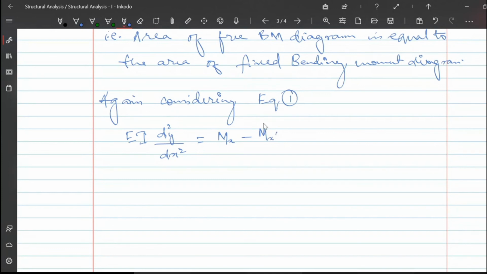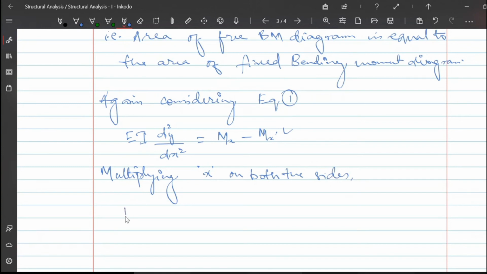If I again consider this one, and if I multiply x on both the sides, so multiplying x on both the sides.